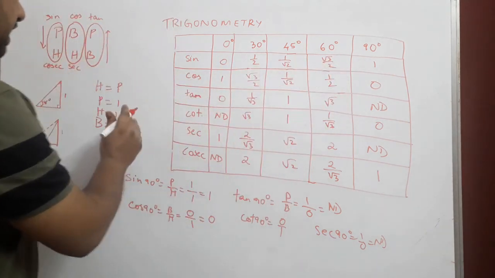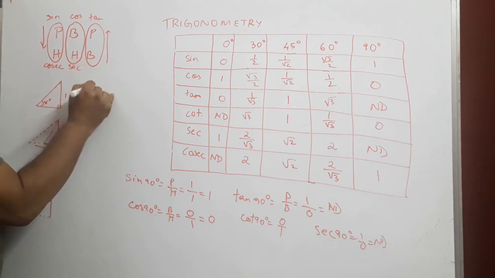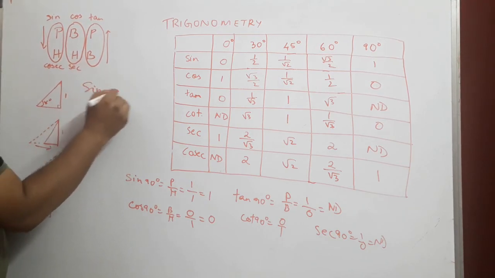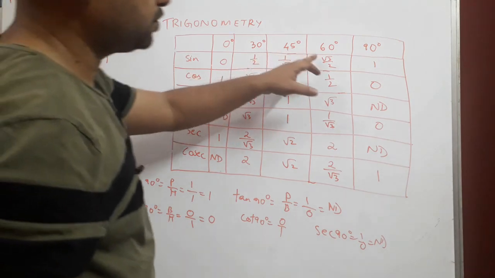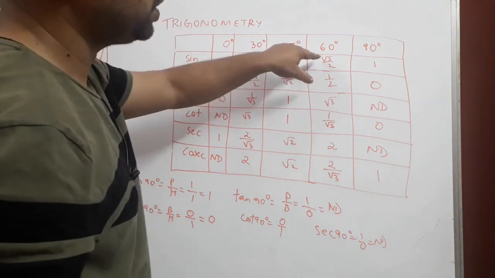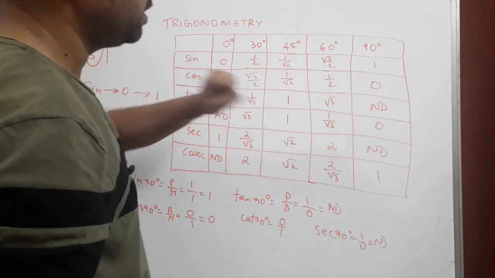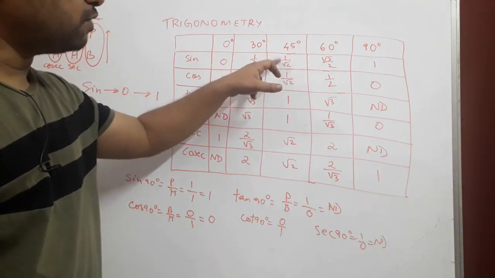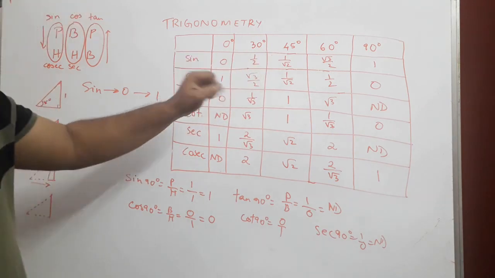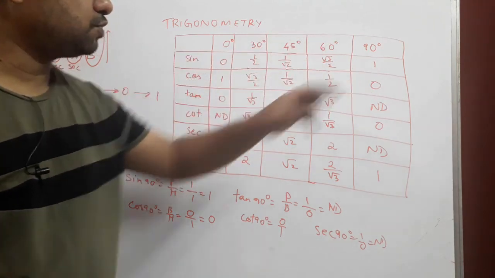So remember, sine will always vary from 0 to 1. So root 3 upon 2 is also less than 1 and not more than 1. Half is less than 1, 1 upon root 2 is also less than 1. So it always ranges from 0 to 1.